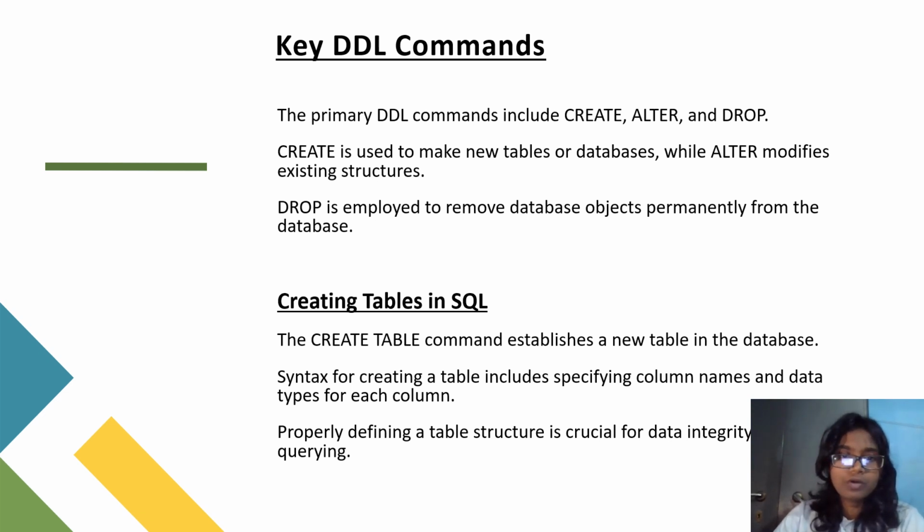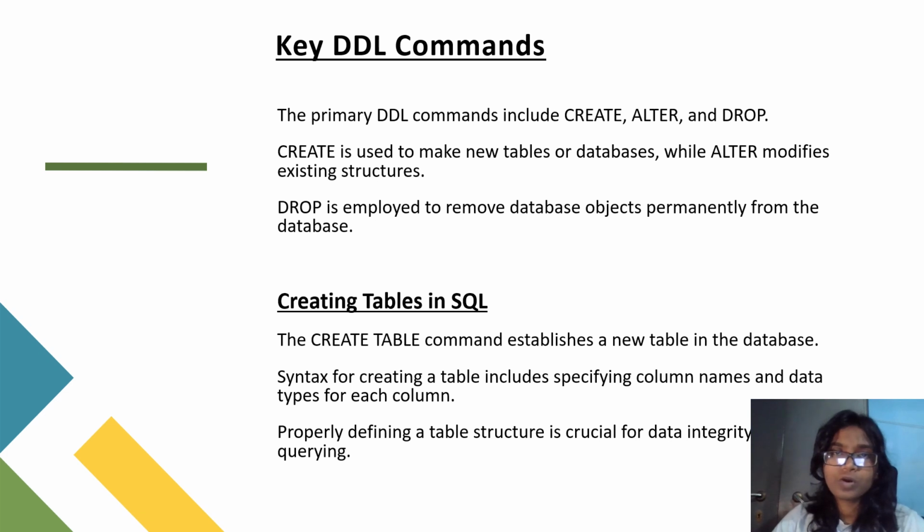Let's take an example. With create, we will be creating a table called employee with the keyword create. For employee, we will be giving employee name, employee salary, employee ID, employee address, and employee contact number.